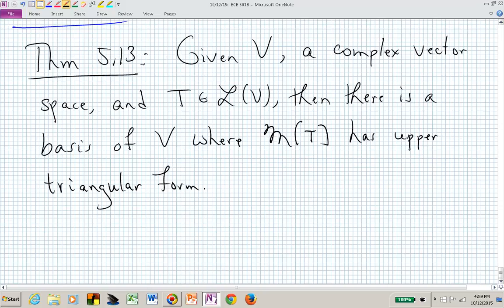So you give me a linear operator on a complex vector space, I can find a basis under which the matrix representation of that linear operator is upper triangular.